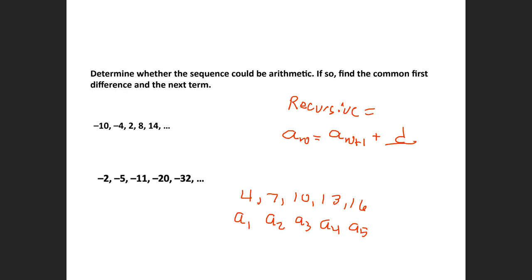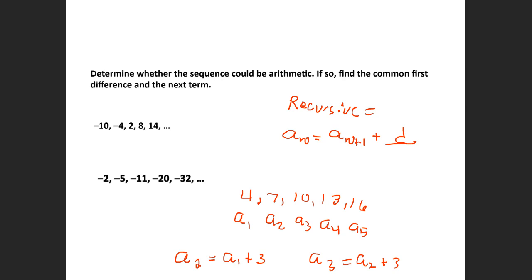You're just adding 3, right? So if I wanted to write an equation, I could write a sub 2 is equal to a sub 1 plus 3. If I wanted to know what a sub 3 is, I could just say, well, that's a sub 2 plus 3. I'm always adding 3 to get to the next term, right?